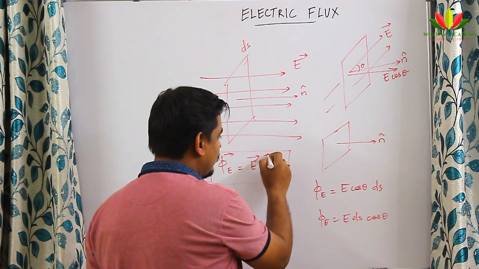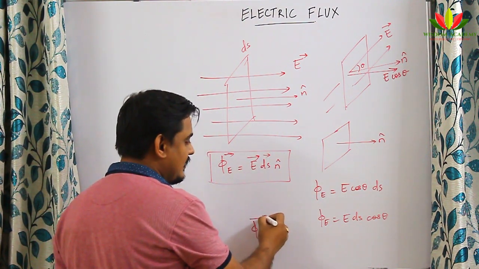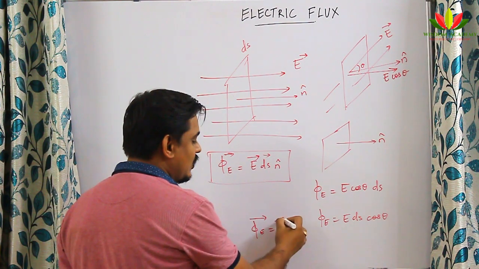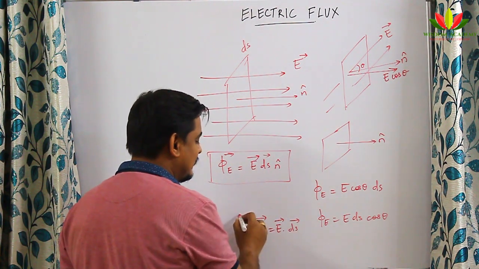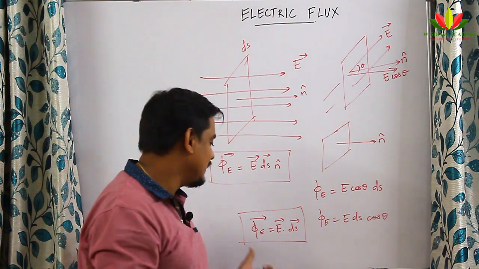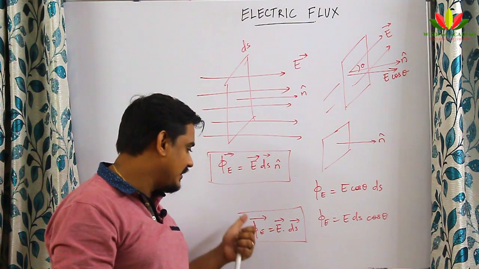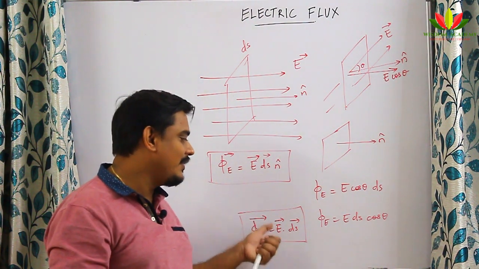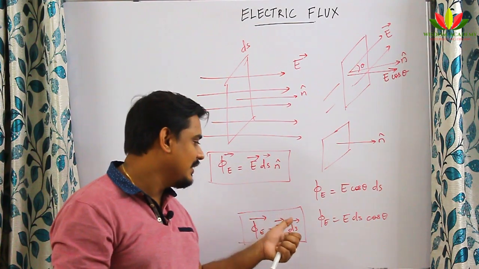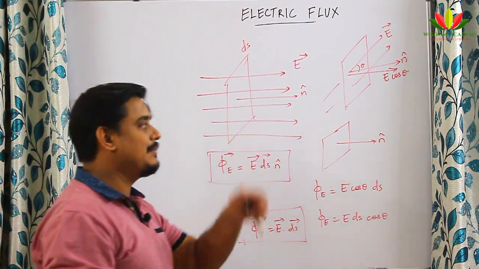So here also it was a vector quantity. So I can write here that phi E is equal to E dot ds. So the exact equation of electric flux is E dot ds, that is electric flux is equal to electric field vector dot product of area vector, and direction is always n cap. So keep that in your mind.